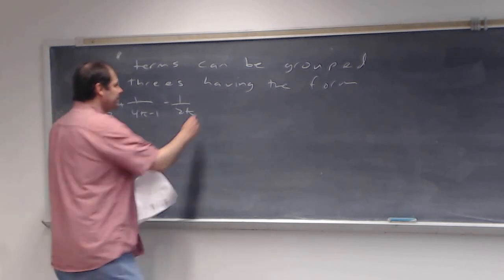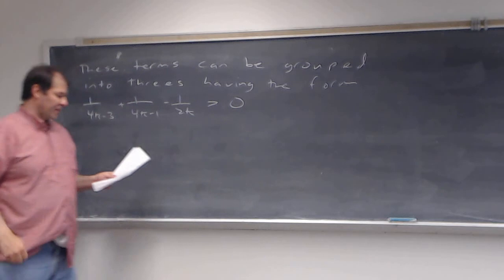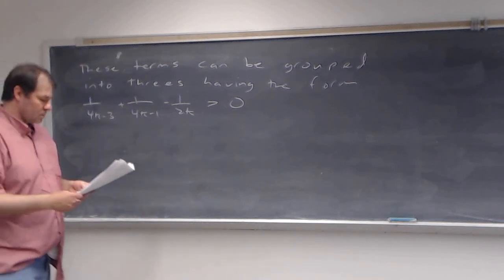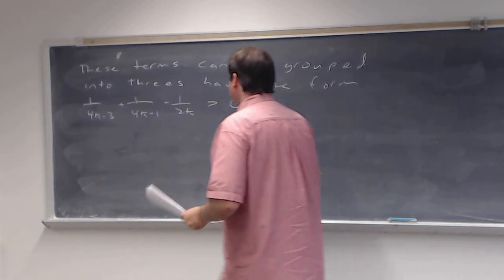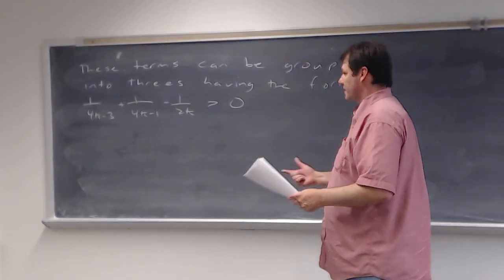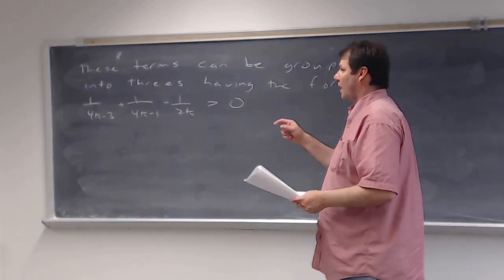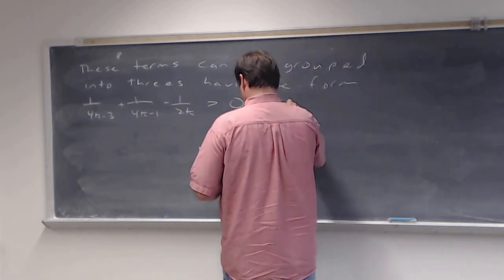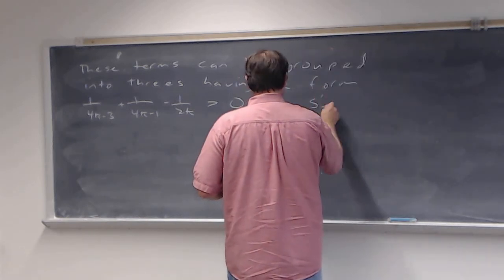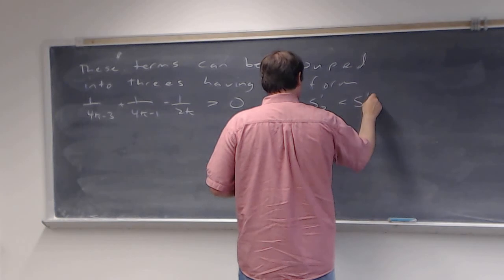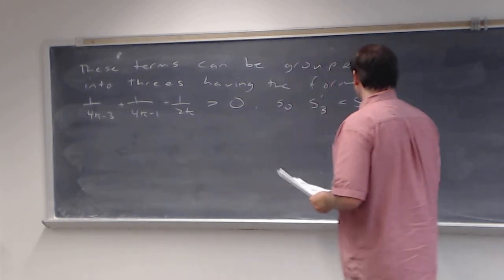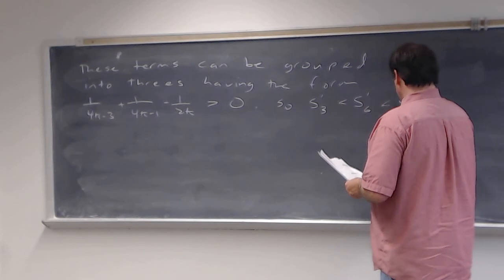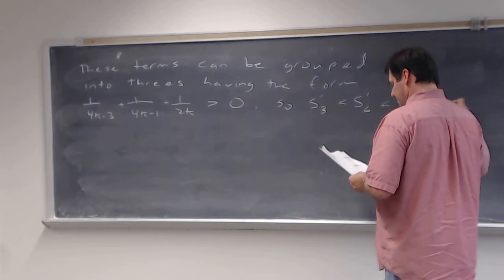And this can be shown just using algebra to be greater than 0. So when you add the next grouping of 3, you've got something positive added, so it gets bigger. So S prime sub 3 is less than S prime sub 6, the partial sums for this rearrangement, and then that is less than S prime sub 9, and so forth.